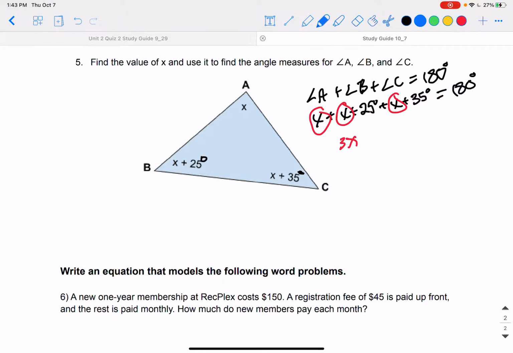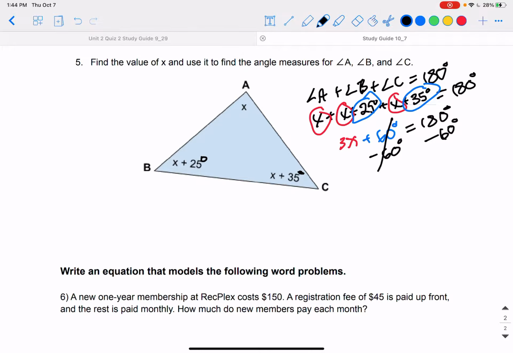And then I also have 25 degrees and 35 degrees. That's going to give me 60. And once again, this equals 180. Okay, so now I'm going to subtract 60 degrees from both sides.